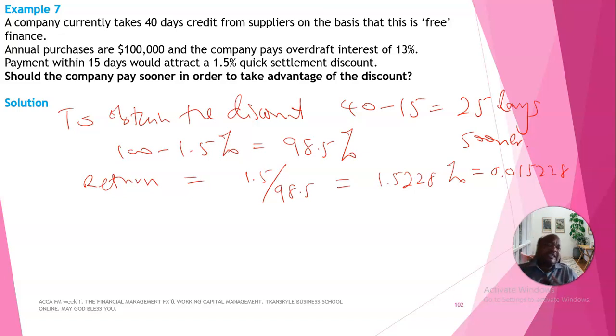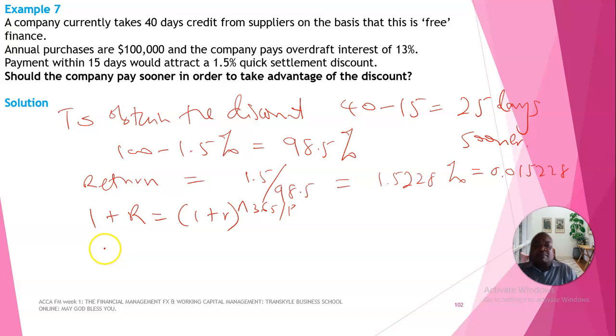But what is the effective interest rate if they don't take the discount? We know the formula: 1 plus r is equal to (1 plus that decimal number) to the power 365 over the number of days early.